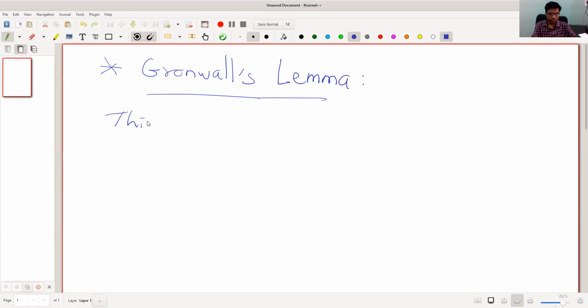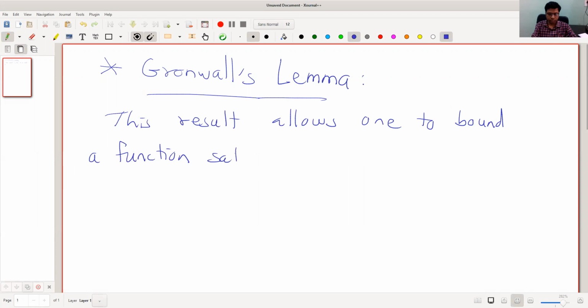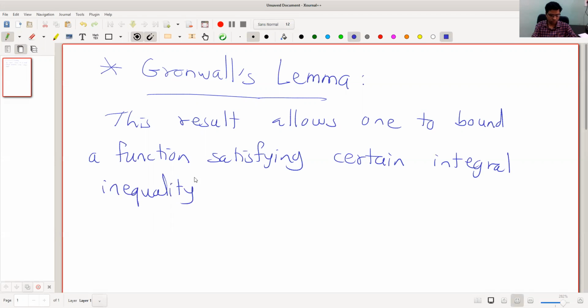This result allows one to bound a function satisfying certain integral inequality by the solution of corresponding integral equation.